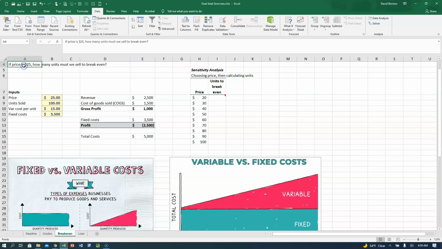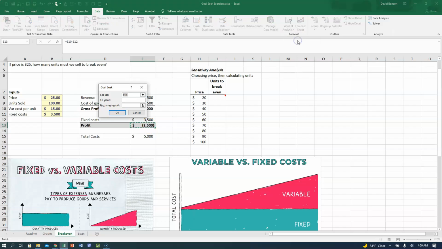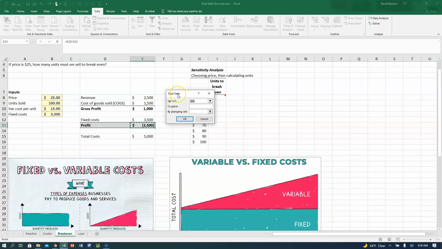This part says, if the price is $25, how many units do we need to sell to break even? The way we're going to do that with goal seek is I'm going to go up here to Data, What-If Analysis, Goal Seek. In this case, the target cell is going to be E13, which is this profit.